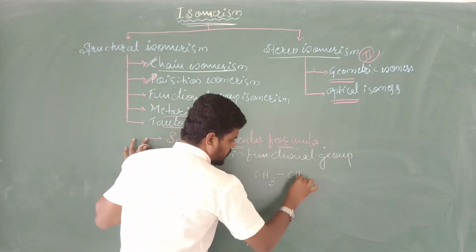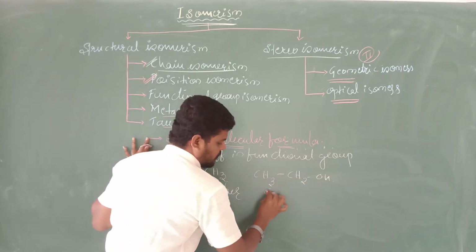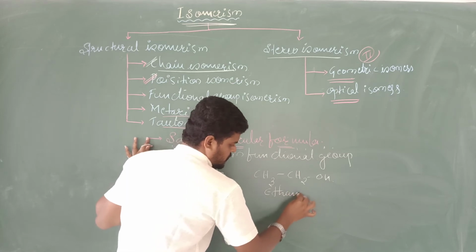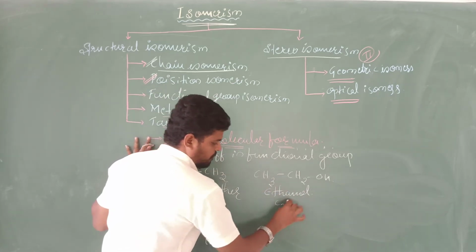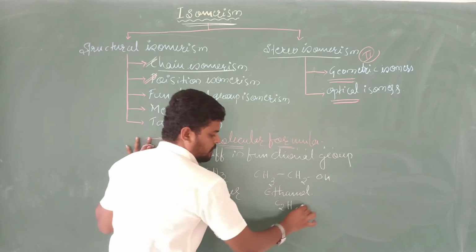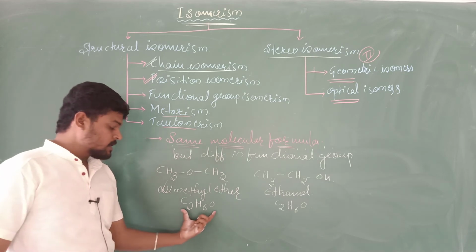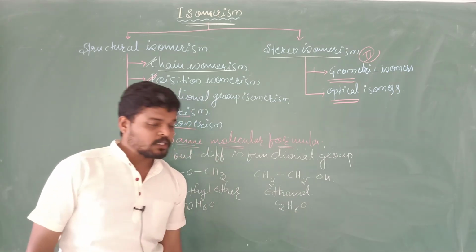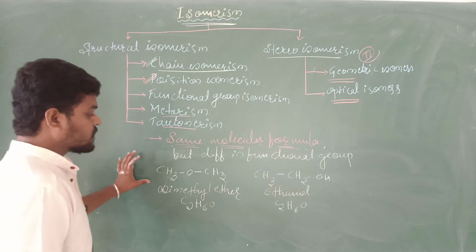Then CH3CH2OH, the name of the compound is ethanol, with 2 carbon atoms, 6 hydrogen atoms, and 1 oxygen atom. So both have the same molecular formula, C2H6O, but they have different functional groups.